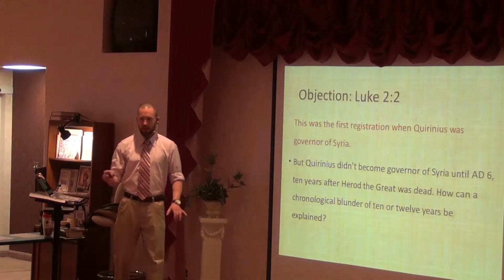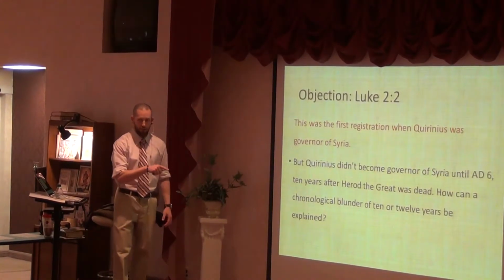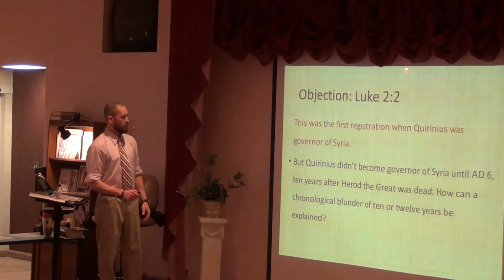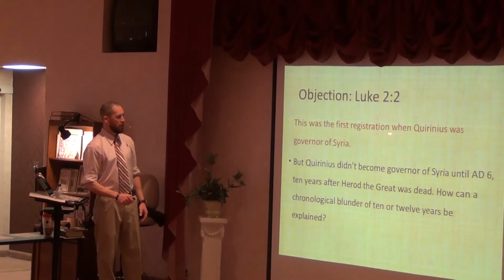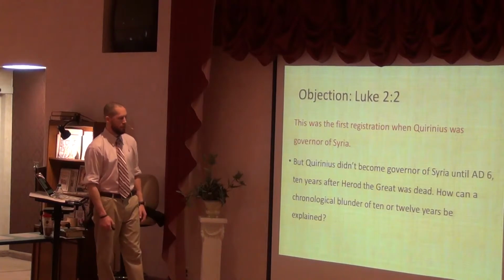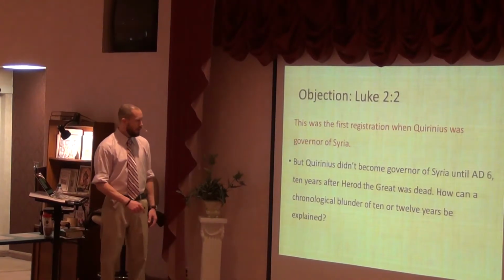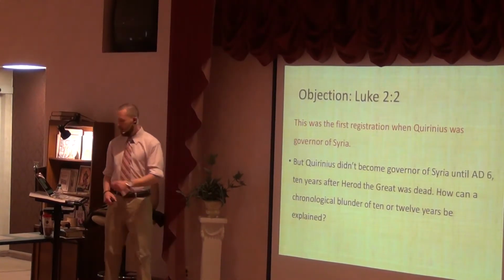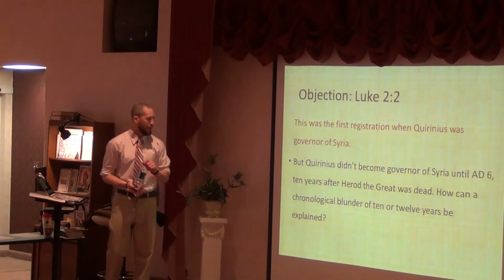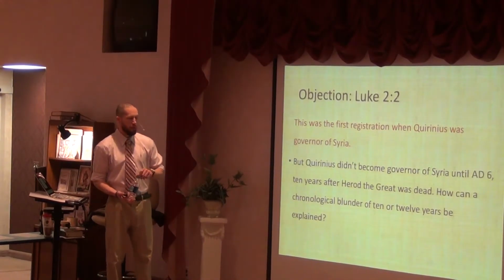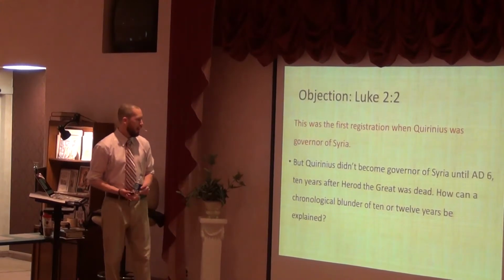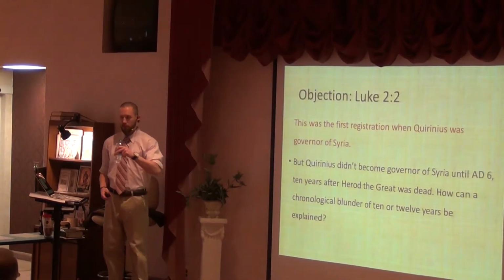All right, now we're going to finish this objection by hitting this. This is the second part of the objection. The next verse in Luke says, this was the first registration when Quirinius was governor of Syria. Here's the problem. Quirinius didn't become governor of Syria until 6 AD, 10 years after Herod the Great was dead. So how can a chronological blunder of 10 to 12 years be explained?